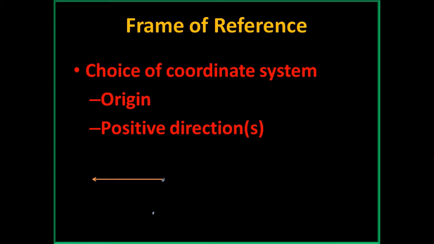On the other hand, if you're talking about an object that's falling, for example, or being thrown into the air, you might have up as your positive direction with the ground as the origin, or maybe the top of a building as the origin. However, if an object's thrown through the air, like a baseball, typically you're going to need two positive directions. We often designate this one X and this one Y, but it doesn't have to be that. Whoops, that wasn't so good, was it? But it doesn't have to look like that. That's just typically what we do.